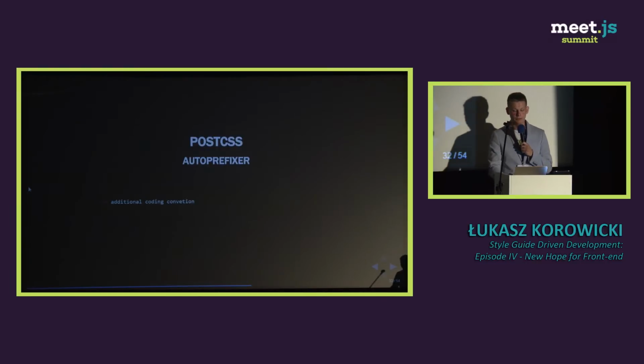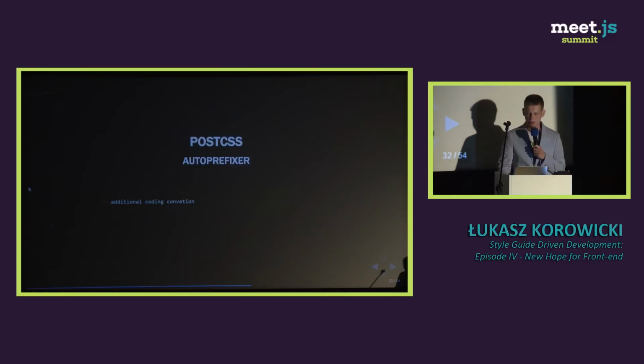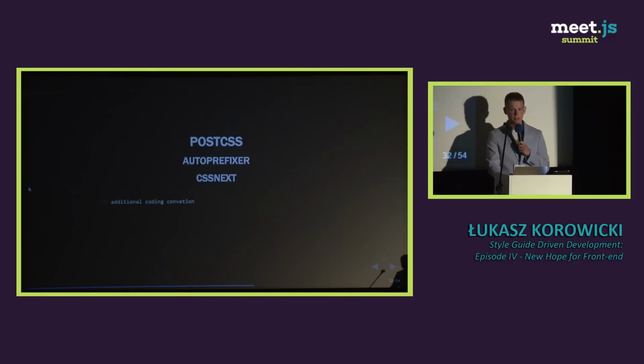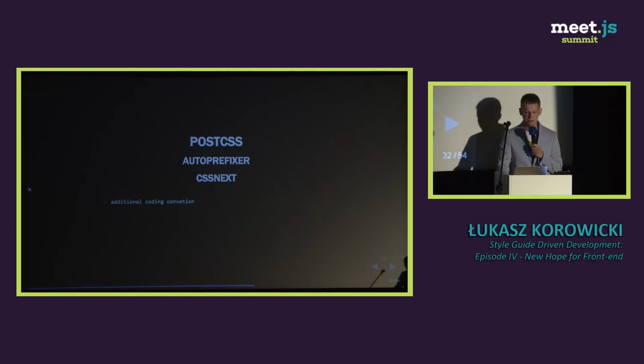We can use Autoprefixer, which is a PostCSS plugin, to add prefixes for our properties in CSS. We can also use CSSnext, which allows us to use some modern CSS technologies that are not implemented in all browsers that we should support, and we can use this to transform our CSS to an older version.